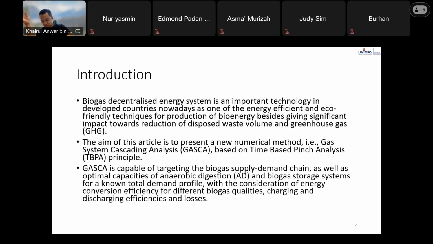So this paper they do the optimization for electricity, for natural gas vehicle, NGV, and cooking gas. So they do it for three types of demand, but using one gas cascade analysis.